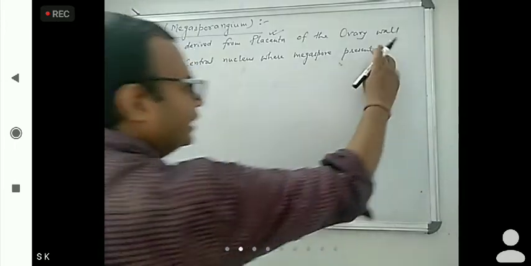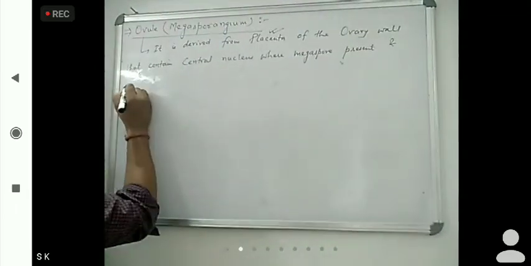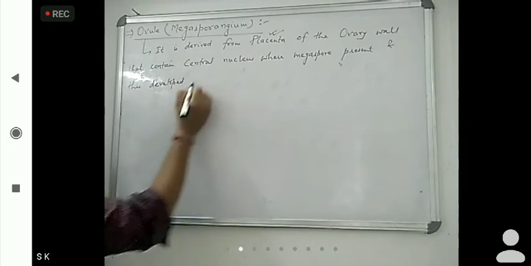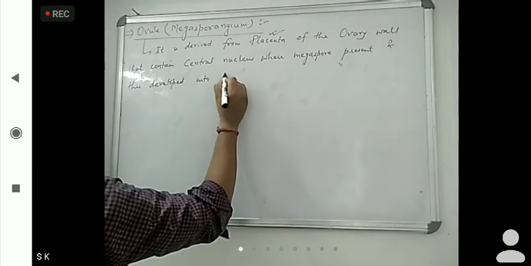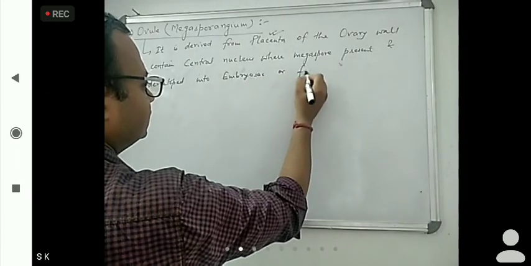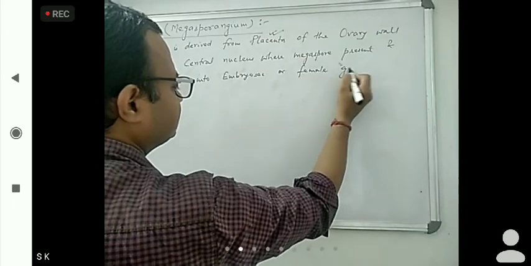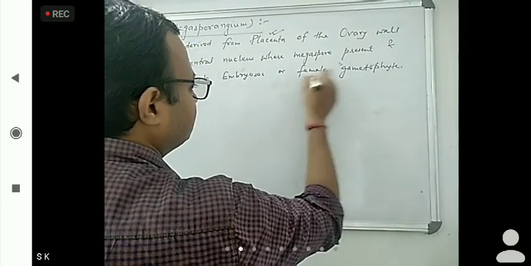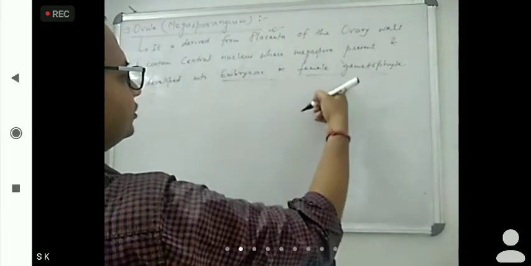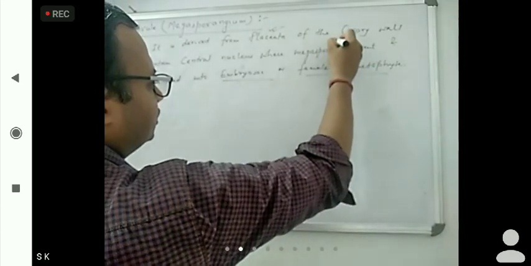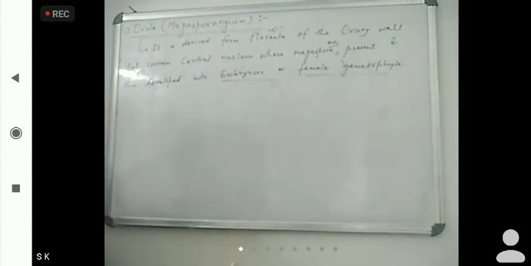The embryo sac or female gametophyte develops from the megaspore, or megaspore mother cell, MMC. So this is regarding the ovule or megasporangium.